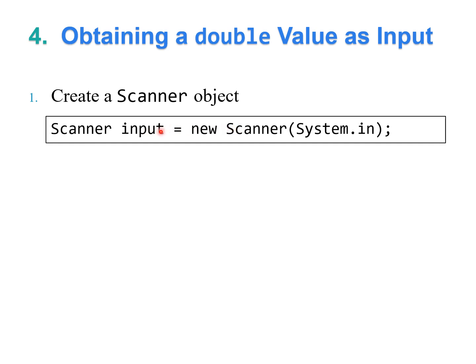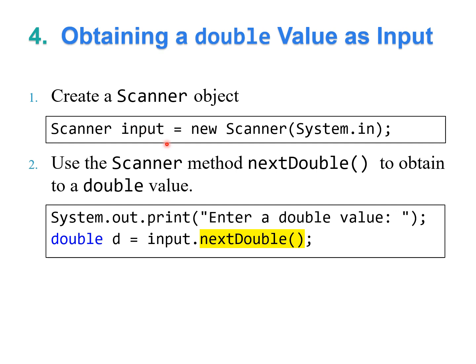You may have used variable input to obtain an integer from the user. Now you can use it again to obtain a double value from the user by calling the nextDouble method of a Scanner.